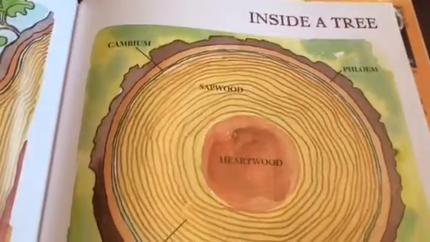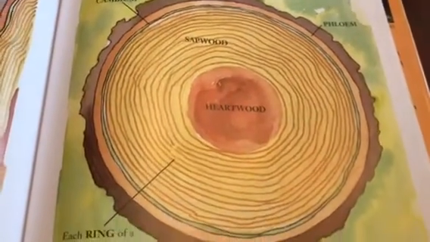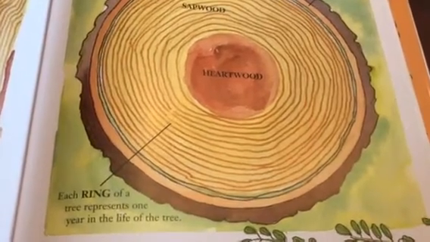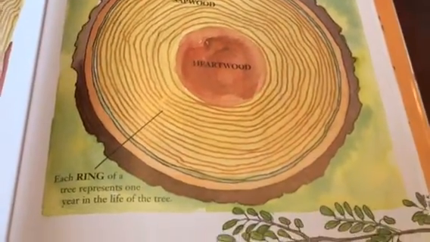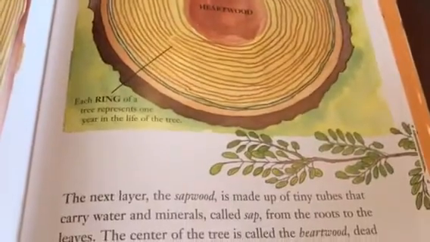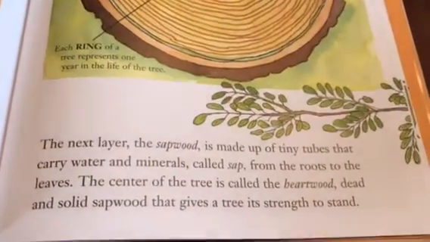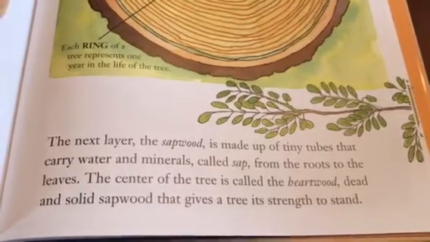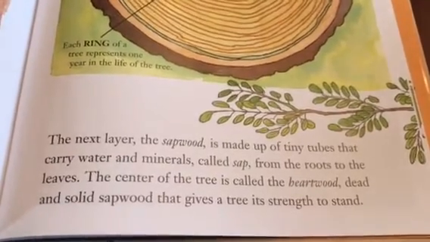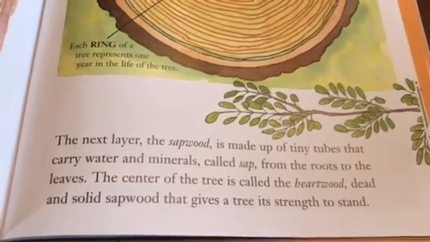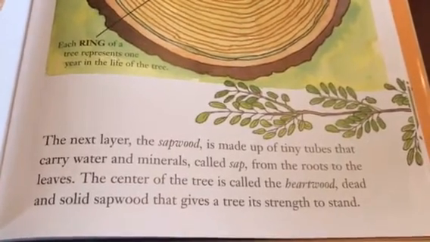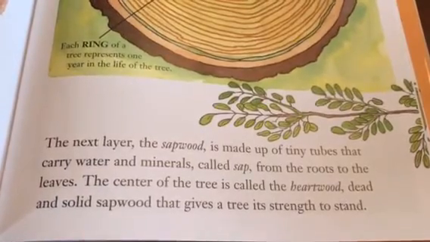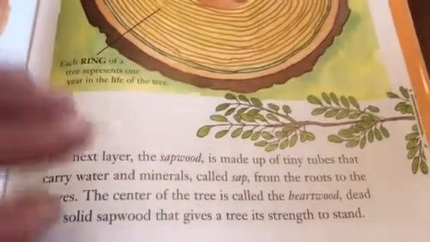Inside a tree. Each ring of a tree represents 1 year in the life of the tree. The next layer, the sapwood, is made up of tiny tubes that carry water and minerals called sap from the roots to the leaves. The center of the tree is called the heartwood, dead and solid sapwood that gives a tree its strength to stand.